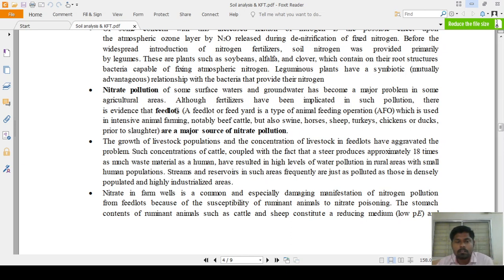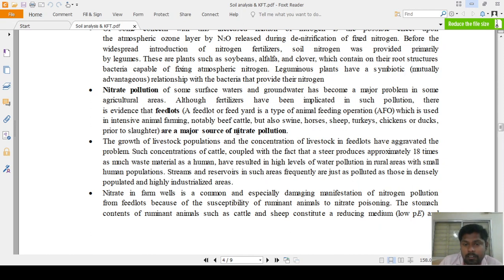What is a feedlot? A feedlot or feed yard is a type of animal feeding operation used in intensive animal farming, notably of beef cattle, swine, horses, sheep, turkeys, chickens or ducks prior to slaughter. Okay, that means there are big feed yards for animals like horses, sheep or cattle, and the waste created there is known as feedlots.